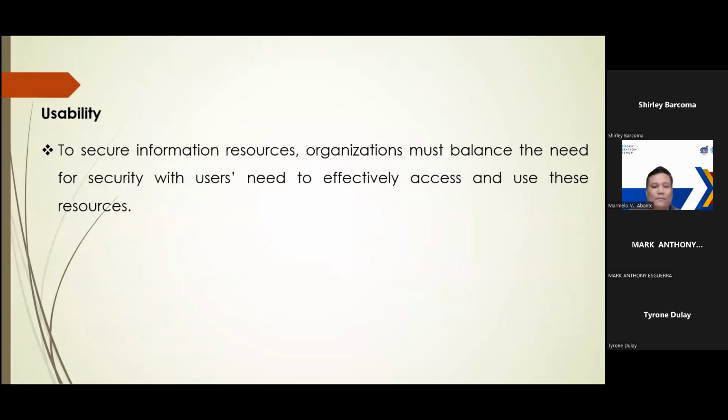Usability. To secure information resources, an organization must balance the need for security with users' need to effectively access and use these resources. For example, with password policies, if the organization requires an extremely long password with several special characters, an employee may resort to writing it down and putting it in a drawer since it will be impossible to memorize.